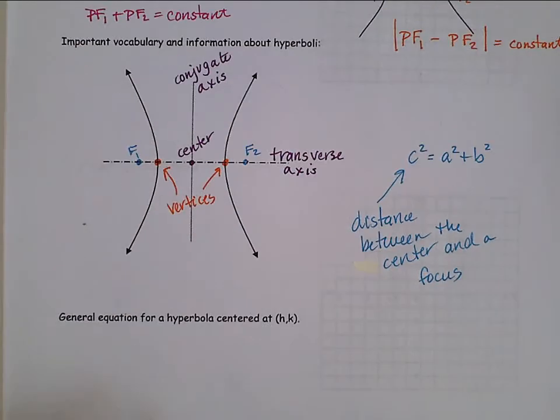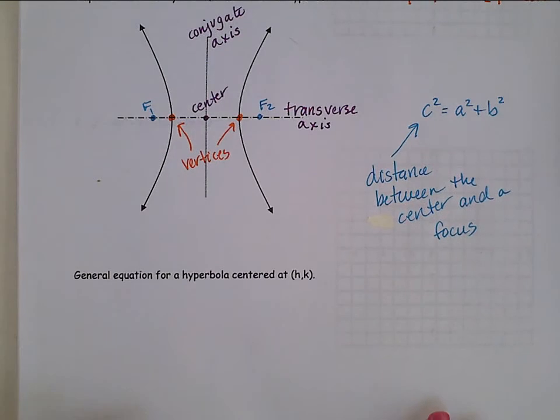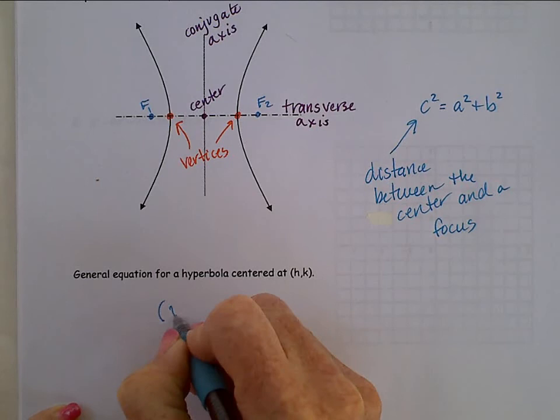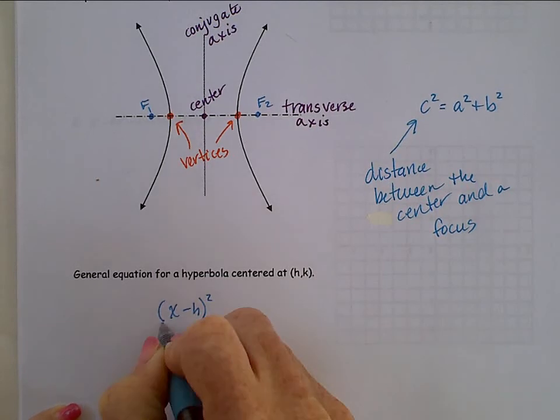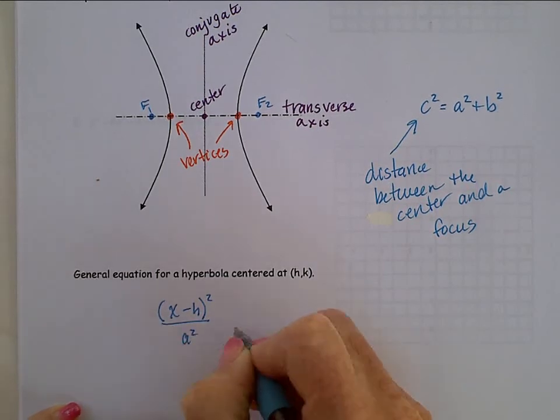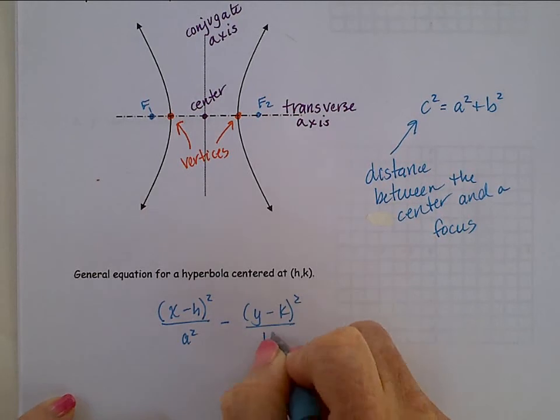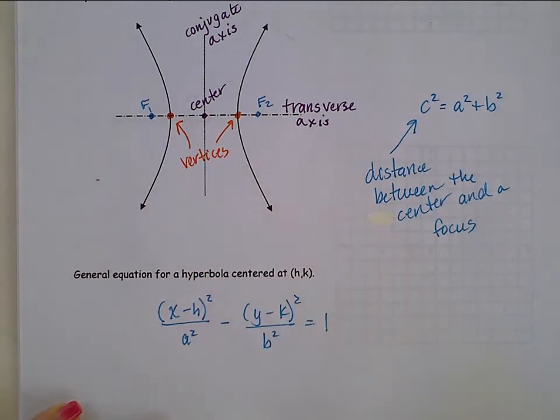Alright, now the general equation for a hyperbola centered at some point (h, k) is the following. x minus h quantity squared over a squared minus y minus k quantity squared over b squared is equal to 1. In this setup, the only difference between a hyperbola and ellipse is that sign right there.